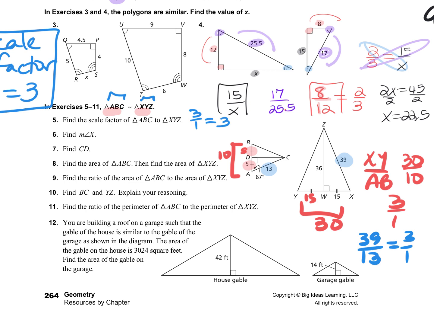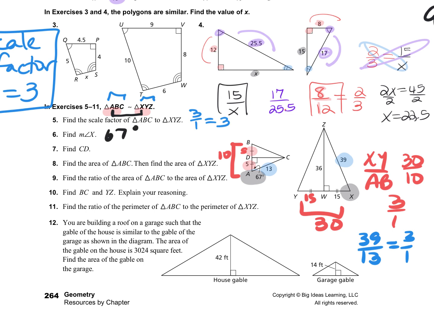So to find the measure of angle X, notice my first letter here is going to be X, and the first letter here is A. So I'm going to come over here and look to see angle A is 67. So then angle X is congruent to that. So it's also 67 degrees.